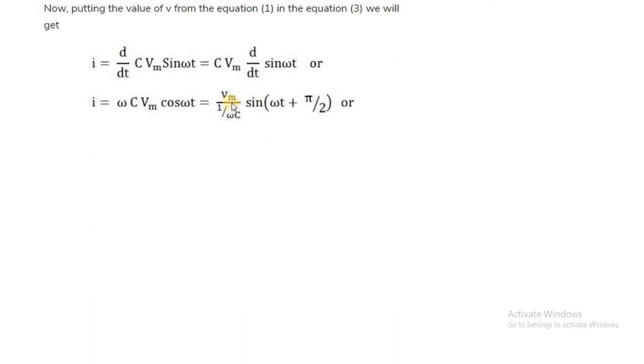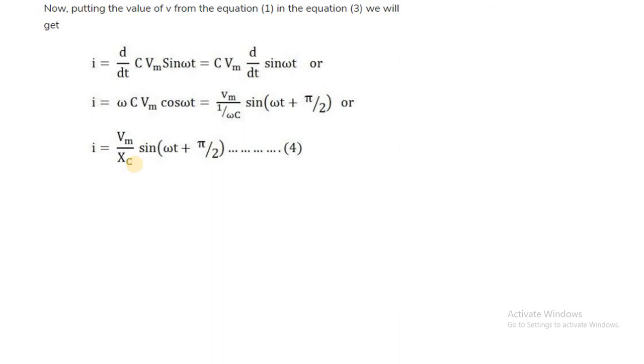That the term Vm upon 1 upon omega C is going to be indicated by the reactance. So 1 upon omega C, I will show in terms of reactance. This 1 upon omega C term is called Xc, and that Xc is called the capacitive reactance. In an inductor, we have seen the inductive reactance XL, where XL is equal to omega L, that is equal to 2 pi fL.